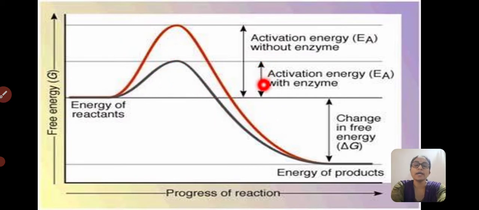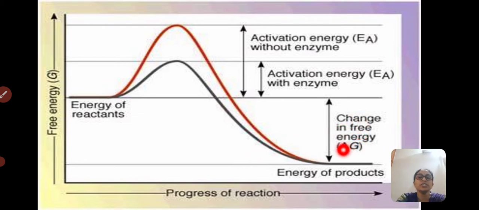So the requirement of activation energy will be lowered in the presence of the enzyme. Compared to in vitro conditions, the activation energy requirement in in vivo conditions in the presence of enzymes is very, very low, and thus the reactant will be easily converted into product.